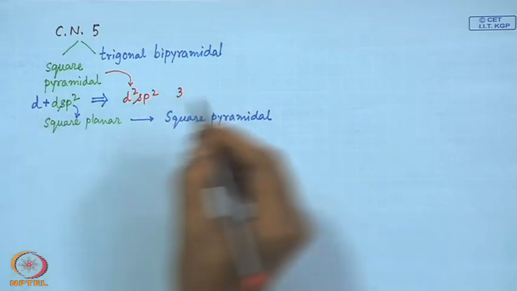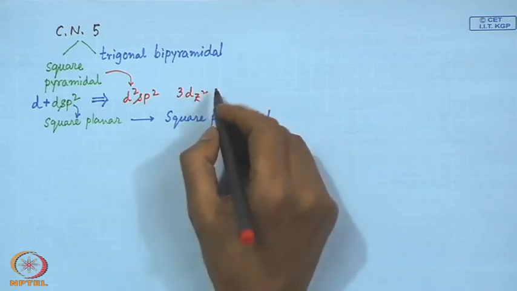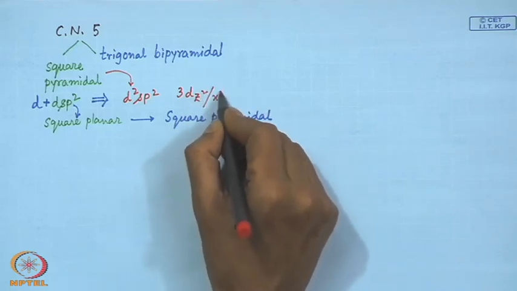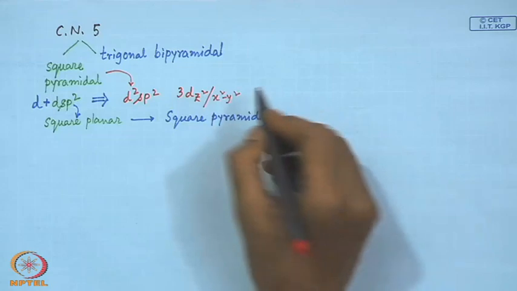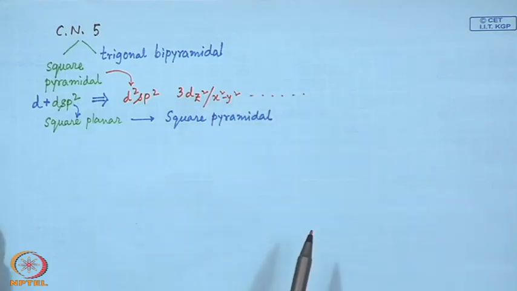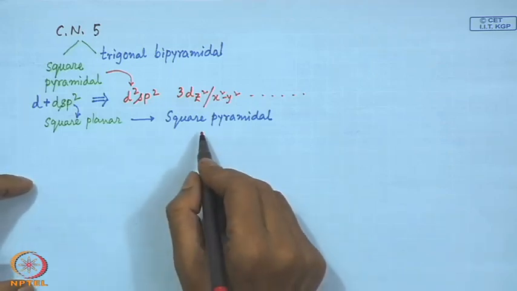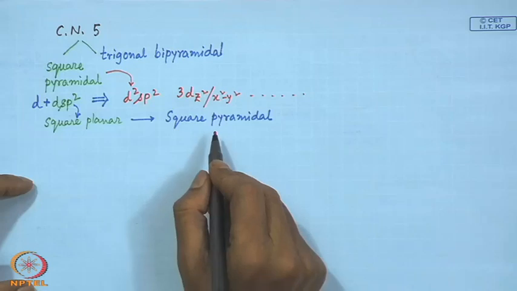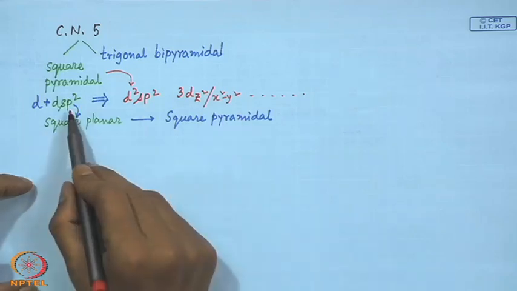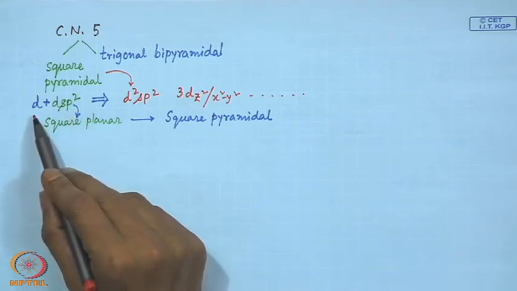So, the new d will be 3d z square. So, we will have 3d z square as well as 3d x square minus y square, and the remaining ones are what we utilize for dsp2 square planar geometry.